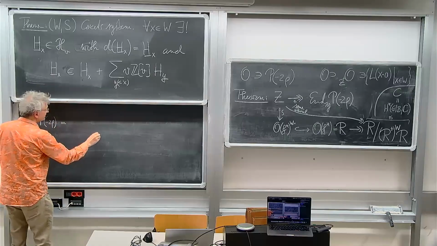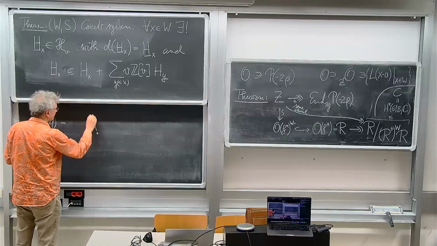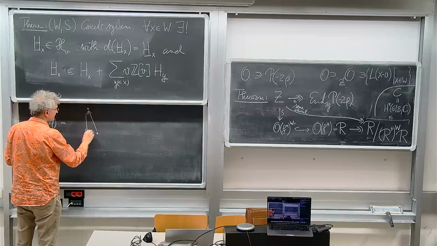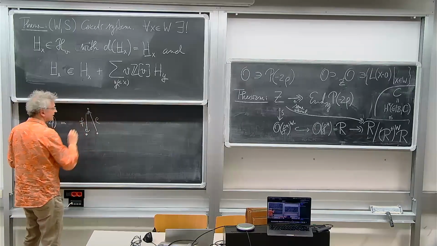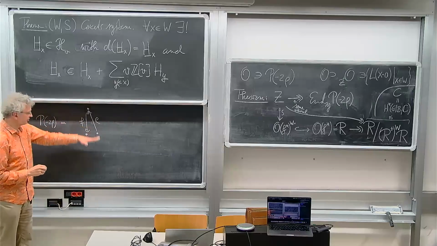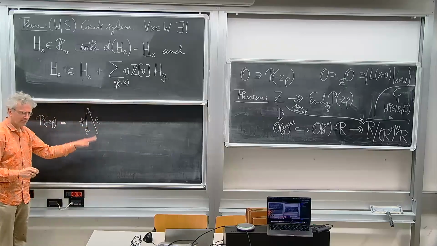we recall that it was given by the picture like this, right? Here was E and here was F, and then it goes down below.